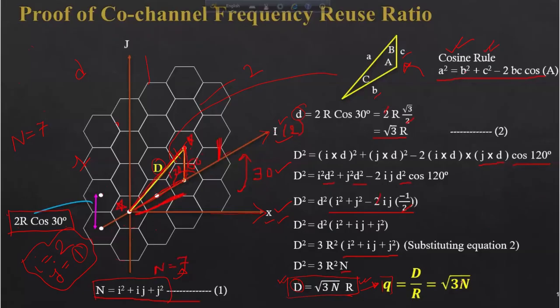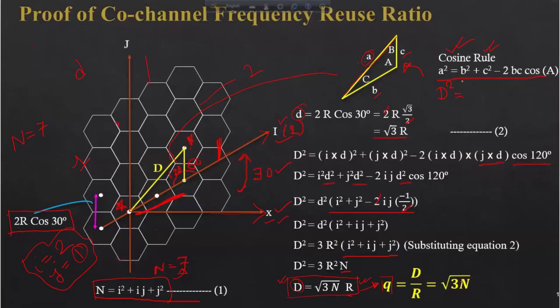Now, what is a square? A square is actually our capital D square, right? This a is actually capital D. So we can write capital D square.